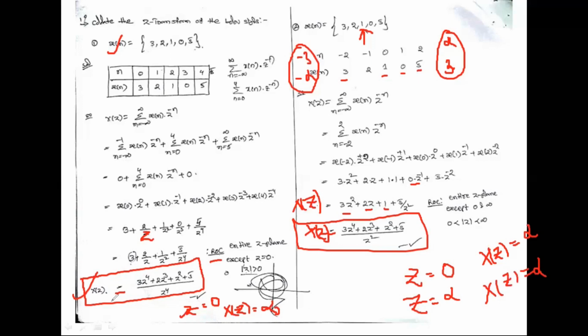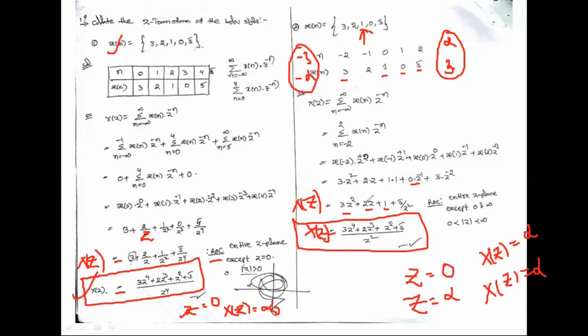Got it, my students? But here also you can observe that in the previous equation of x of z, whenever we substitute z is equal to 0, the last 3 terms become infinite. The first term is 3. The 0 is infinite. 3 plus infinite, again it is infinite only.